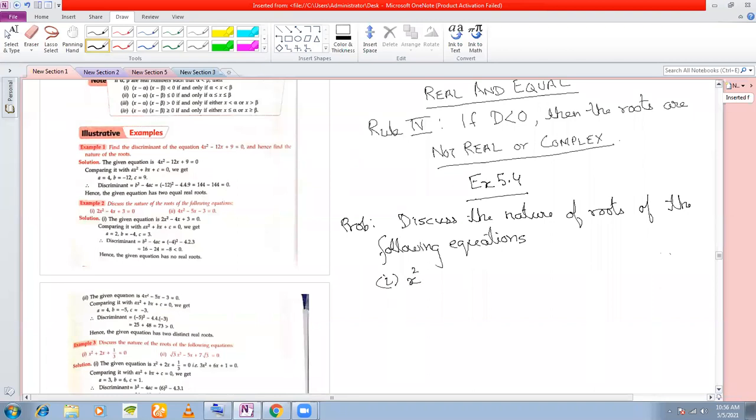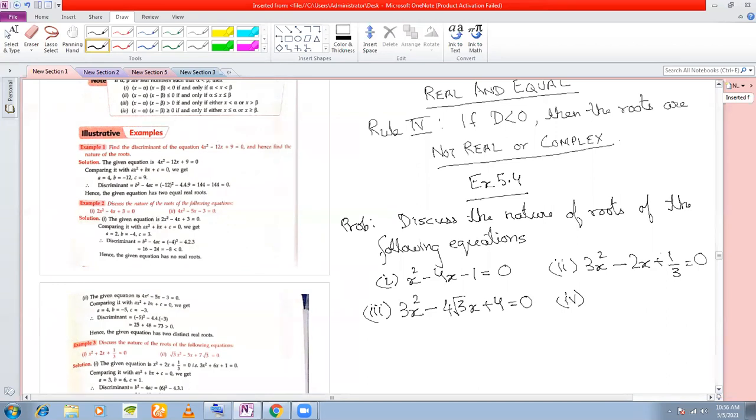First is x square minus 4x minus 1 equal to 0. Second equation is 3x square minus 2x plus 1/3 equal to 0. Third is 3x square minus 4 root 3 x plus 4 equal to 0.